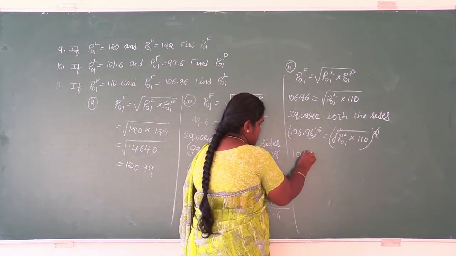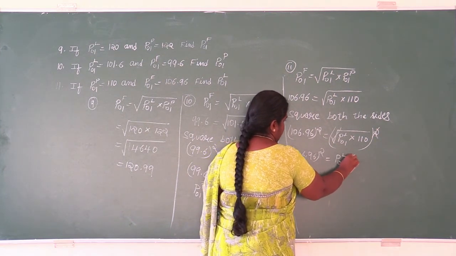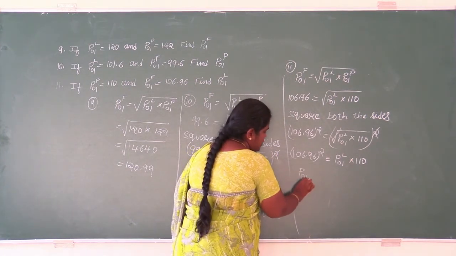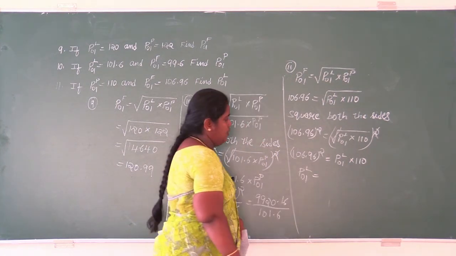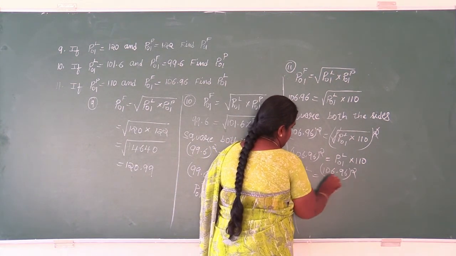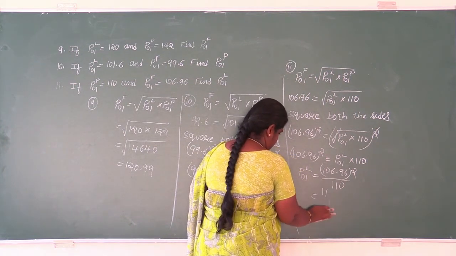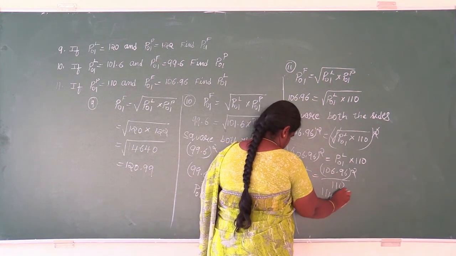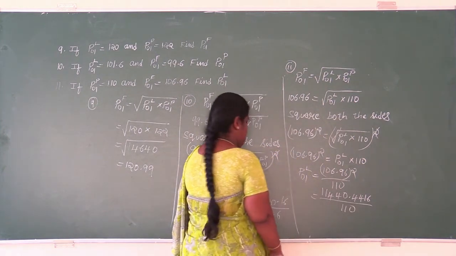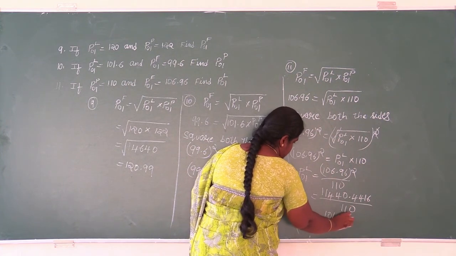It will be 106.96 square equals P01L into 110, so the Laspeyres price index will be 106.96 whole square divided by 110. When we square this we'll get 11,440.4416 divided by 110. It is 104.004.